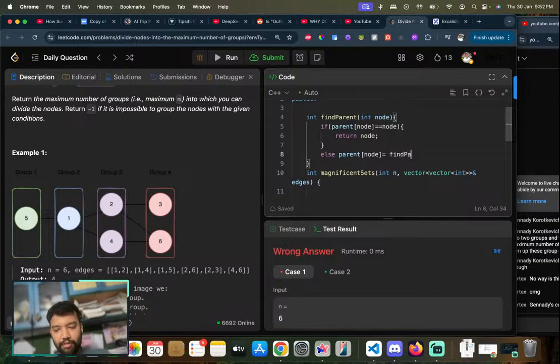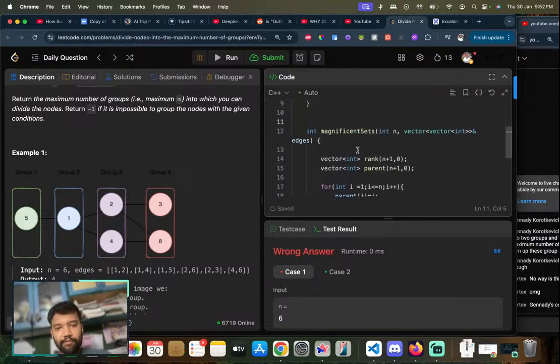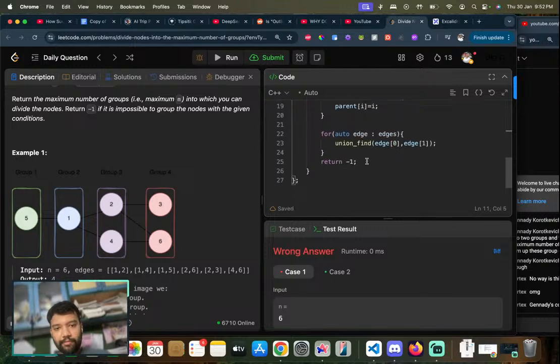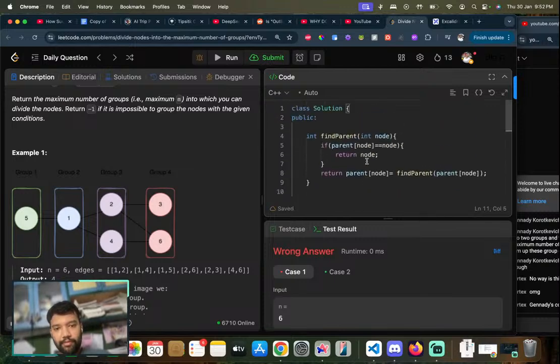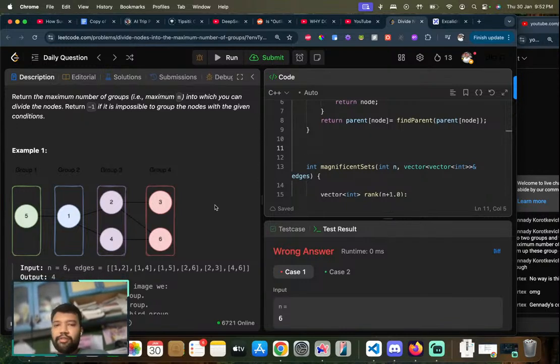Find parent of node, return. Sorry. We have this find parent. Now let's do union find. So does my union find return me anything? I don't think so. I don't want anything from my union find. If I want it, I'll see it later.